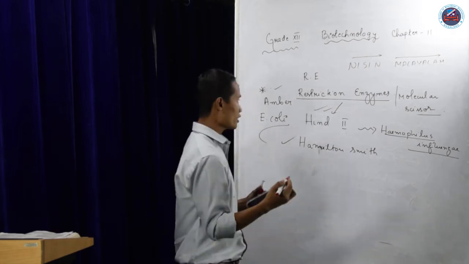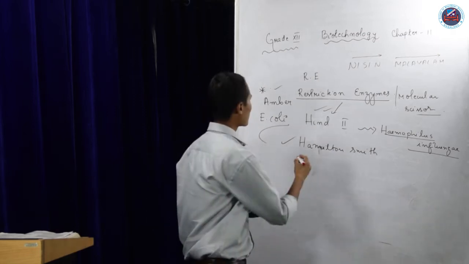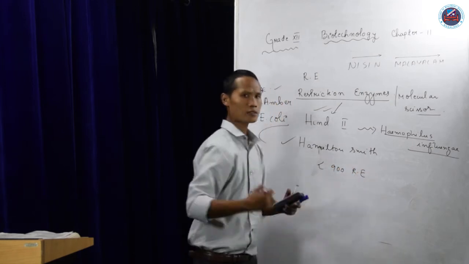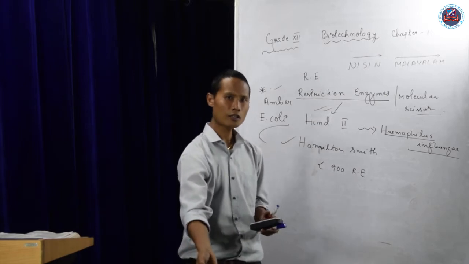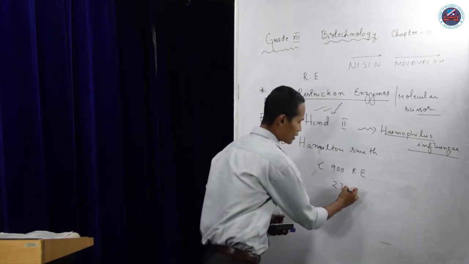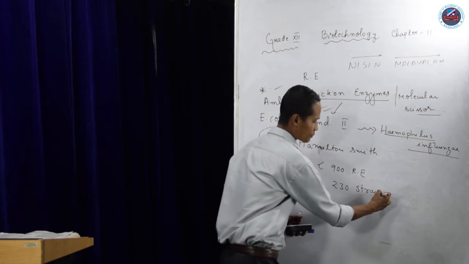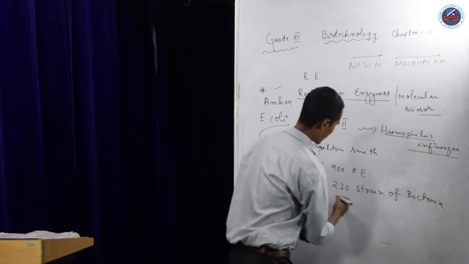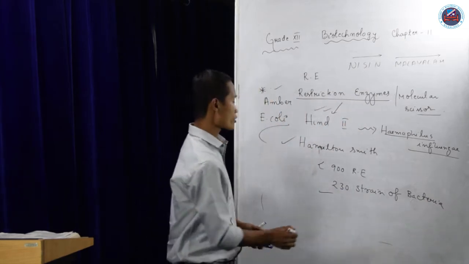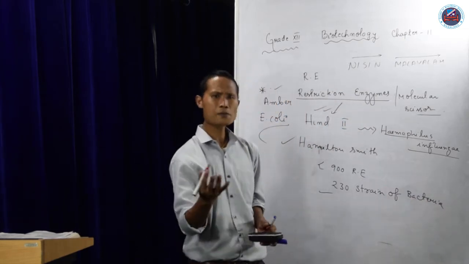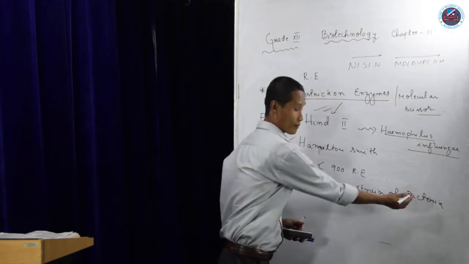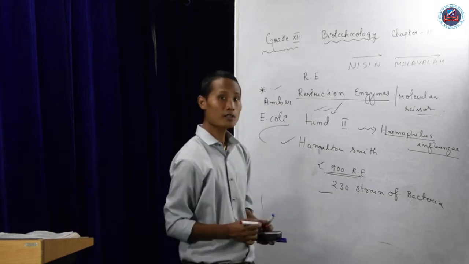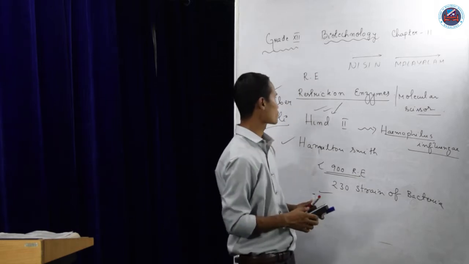Likewise, in your textbook, more than 900 restriction enzymes have already been isolated from 230 strains of bacteria, different kinds and types of bacteria.